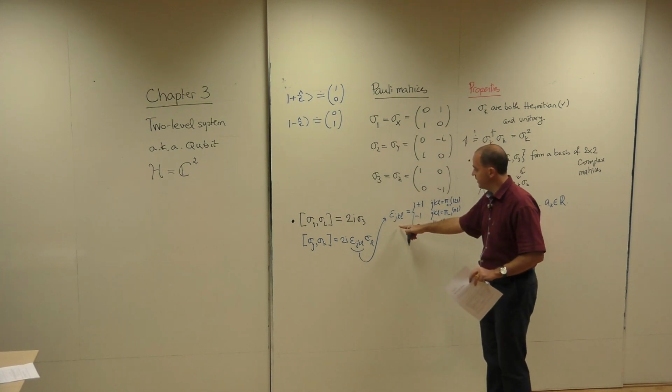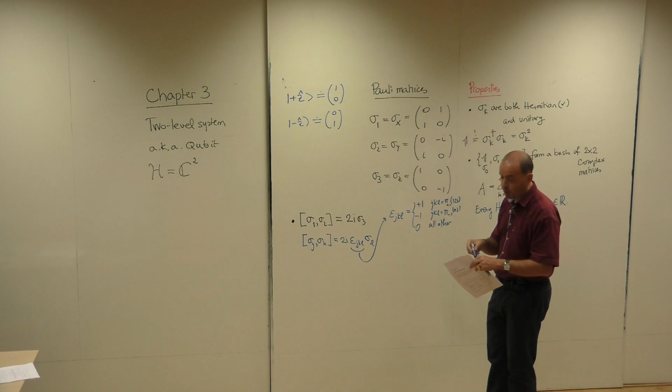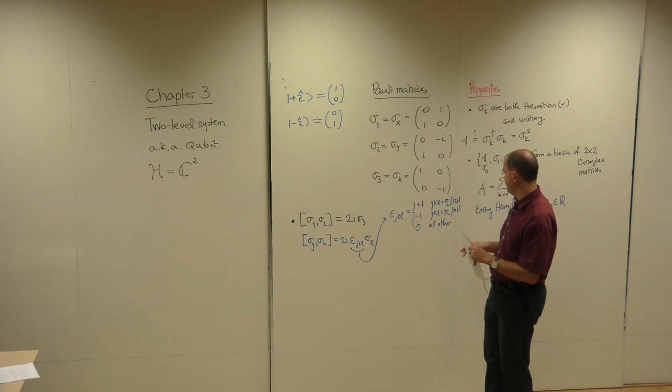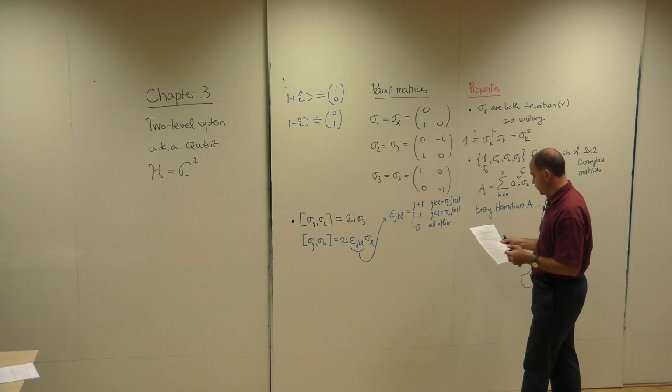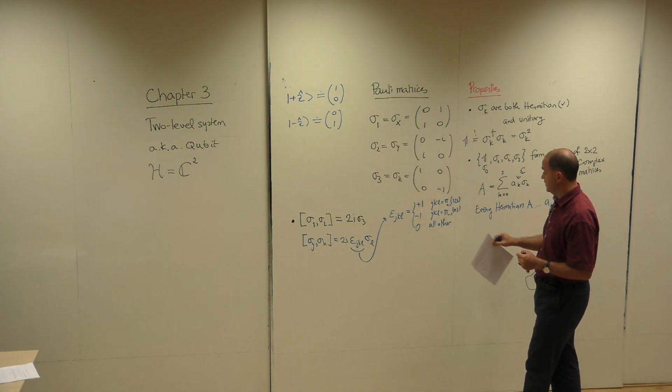So, for instance, if j is equal to k, epsilon_111 or epsilon_112 would be 0. Okay? So these are the commutation relations between the Pauli matrices.